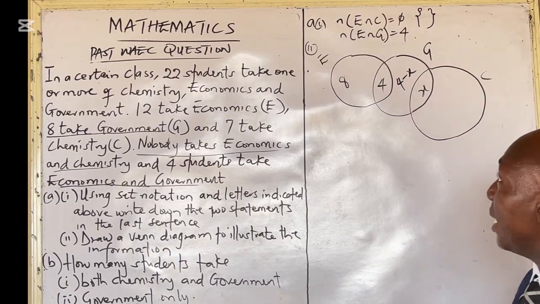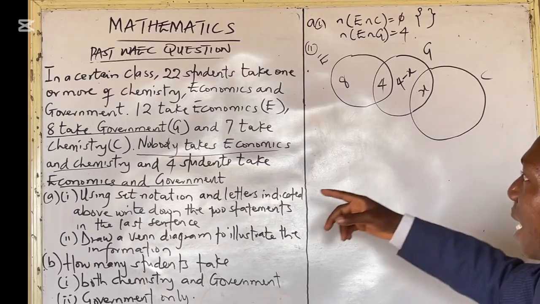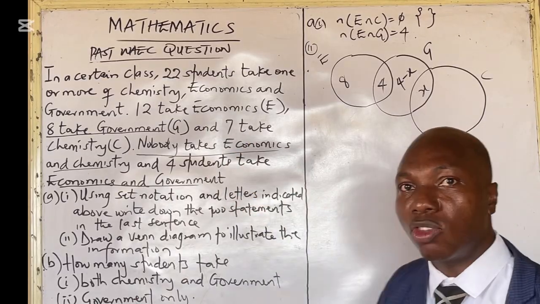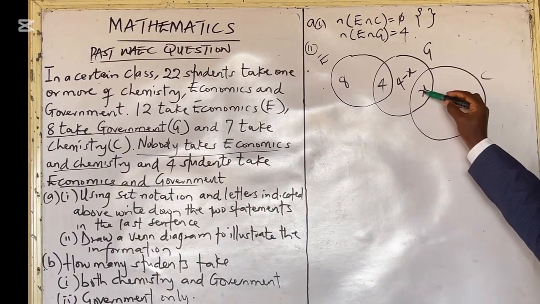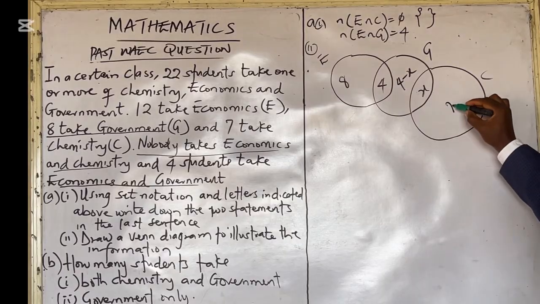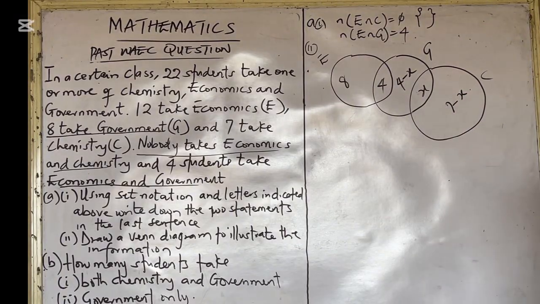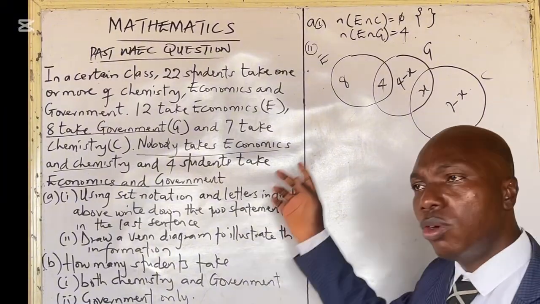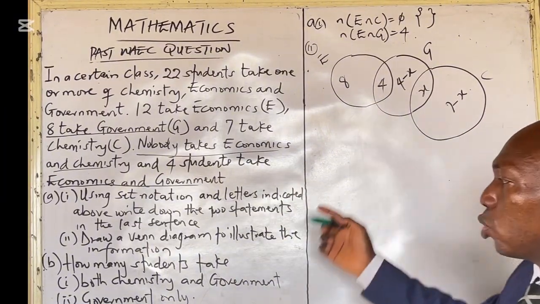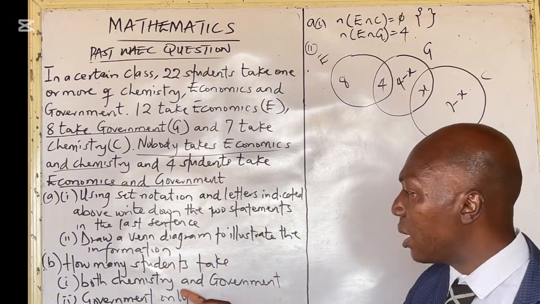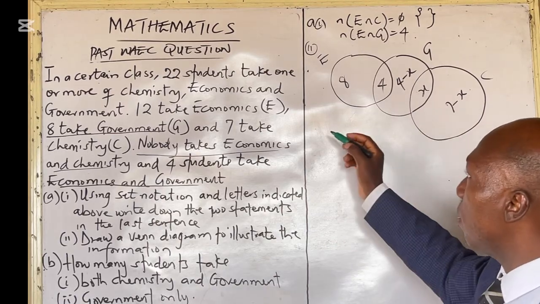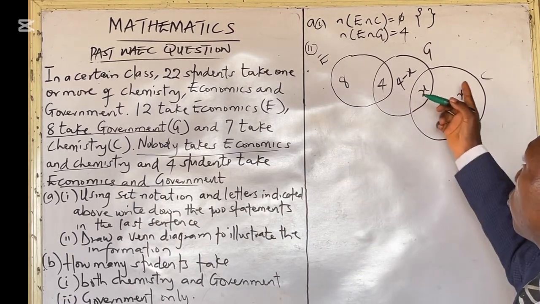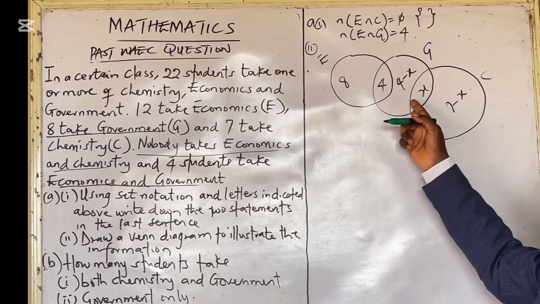We are told again that 7 take chemistry, and the only part of this place is x, so this will be 7 minus x. Now that we have the information given in the Venn diagram, we have drawn the Venn diagram. That's Roman figure 2. How many students take both chemistry and government? We have said it, let it be x.